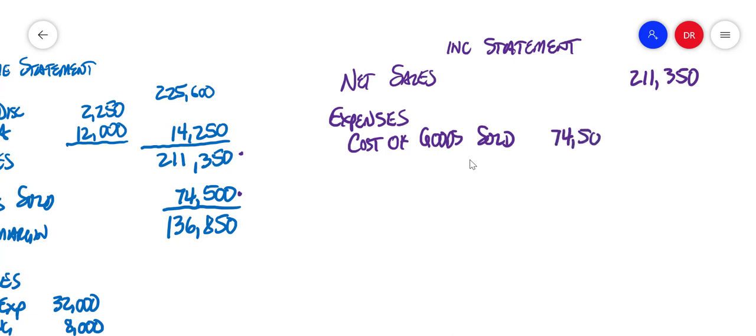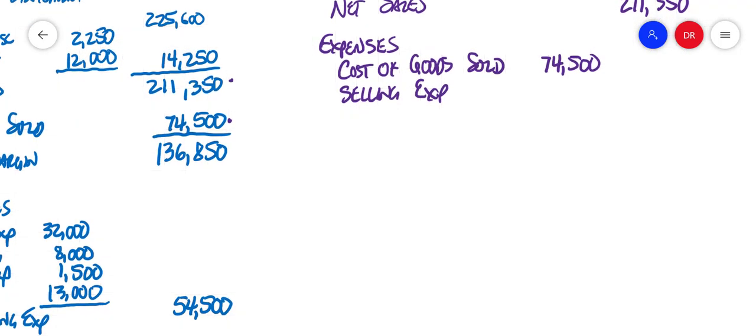Then we'll have selling expenses, and we're going to use this number down here, 54,500. And finally, we're going to have general and admin expenses.